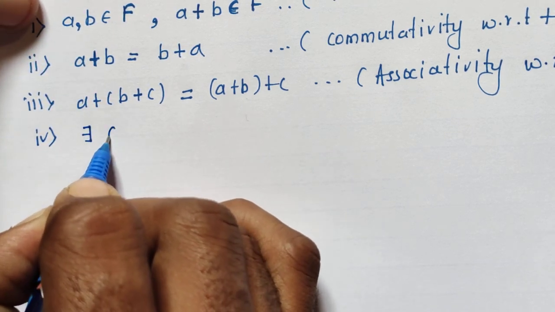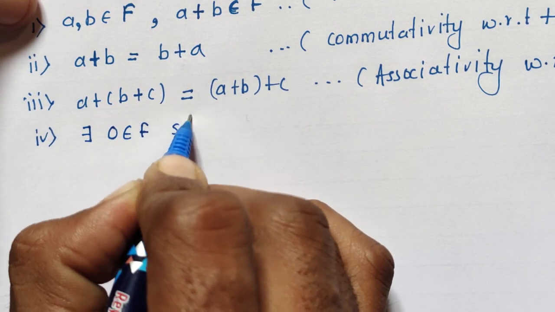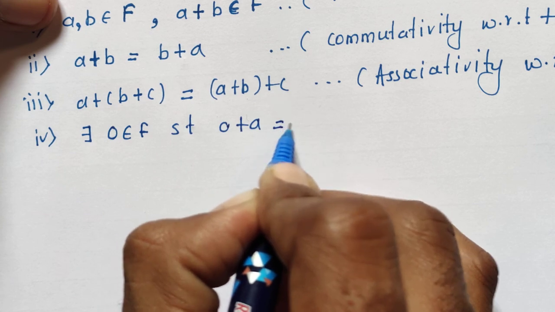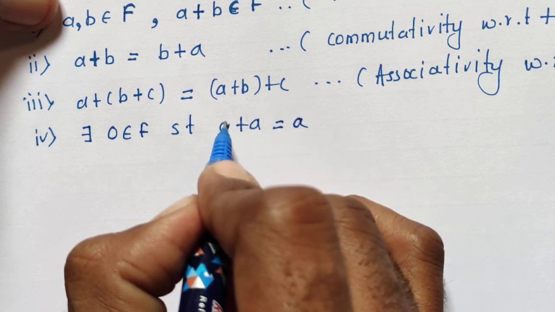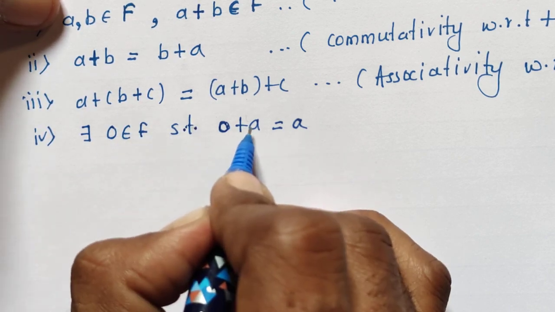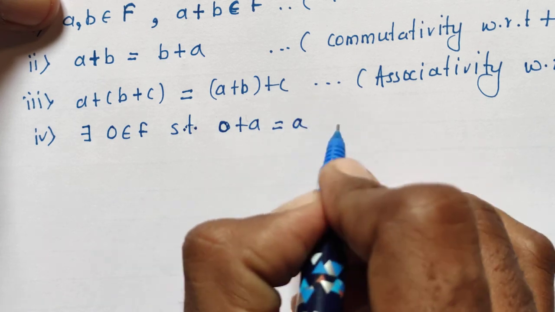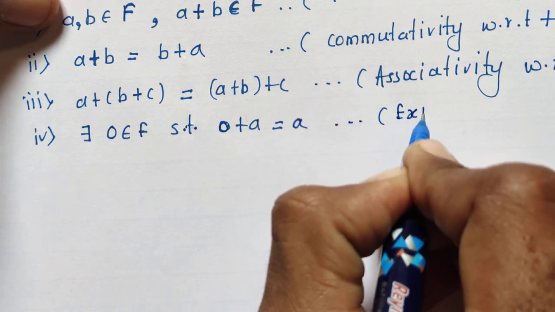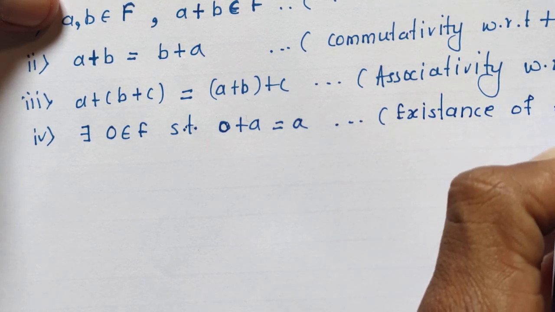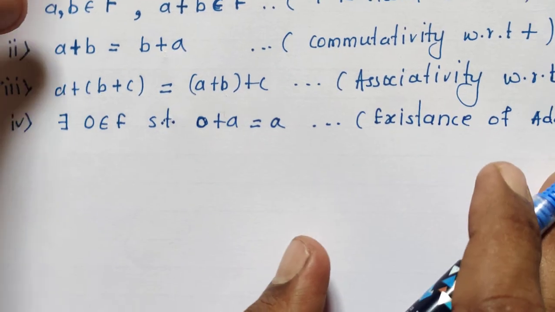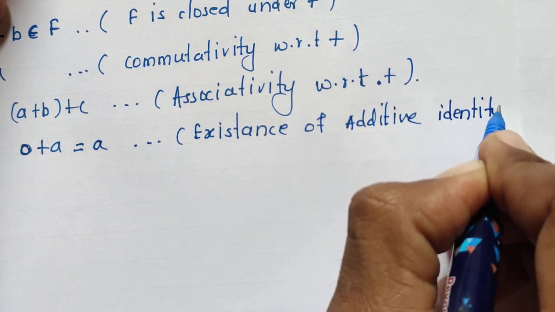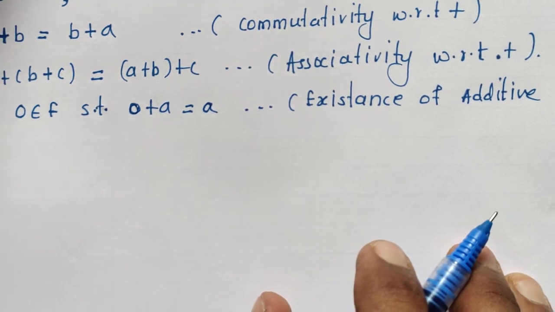There exists some 0 belonging to set F such that A plus 0, or 0 plus A, is equal to A. This is called the existence of additive identity. This is our fourth property.